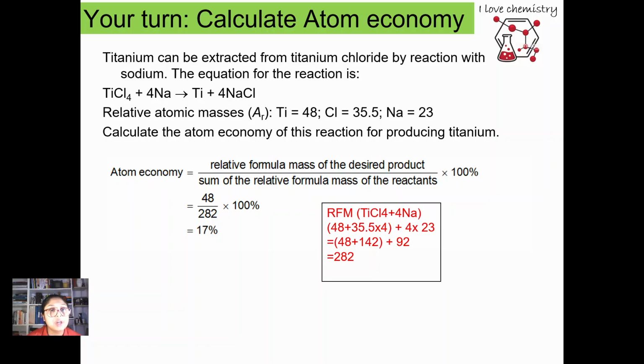So the reactants are TiCl4 plus 4Na. The important thing to remember here is 4Na. Do not forget times 4 of the sodium. Key the numbers into the calculator and you get 17%, the final answer. Well done.